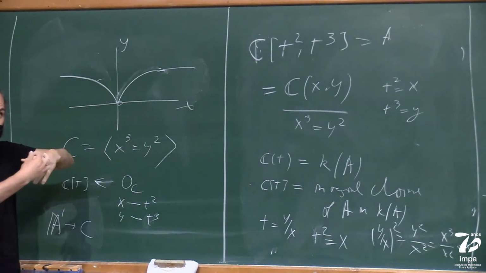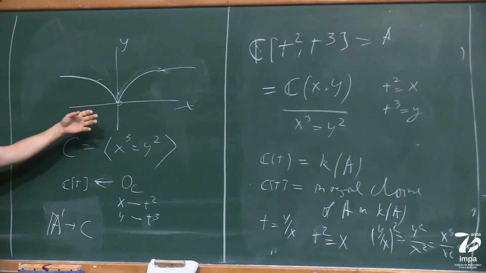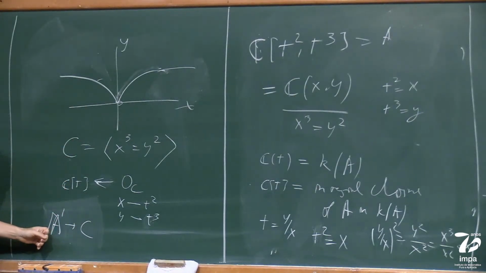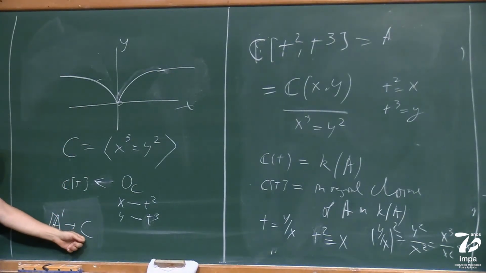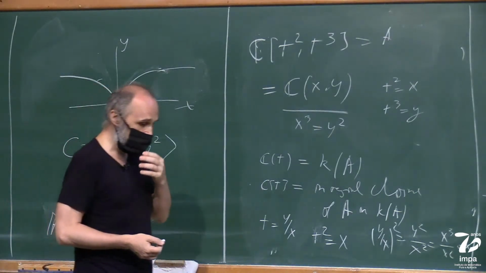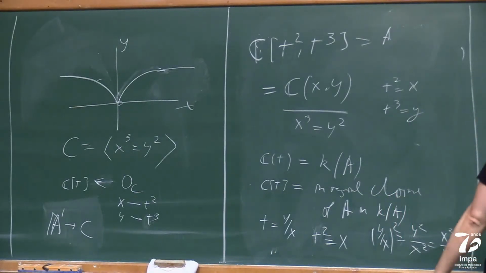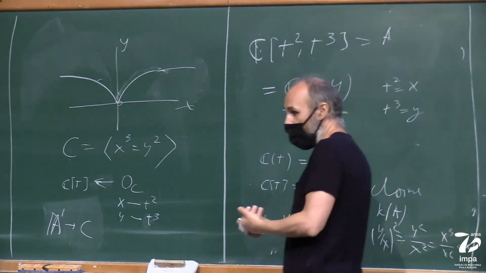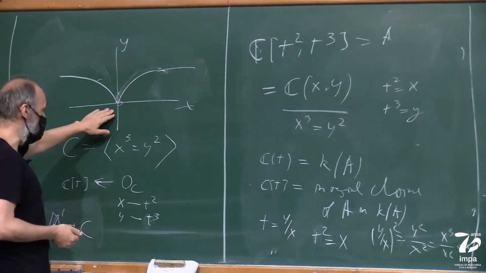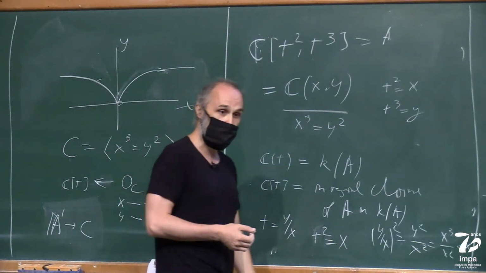It's actually bijective. So this map is bijective on the level of points, but it is not bijective on the level of regular functions. There are more regular functions on this than on that. One should think of that as a resolution of singularities. In fact, if you have a one-dimensional singular complex curve, then its normalization is always smooth.